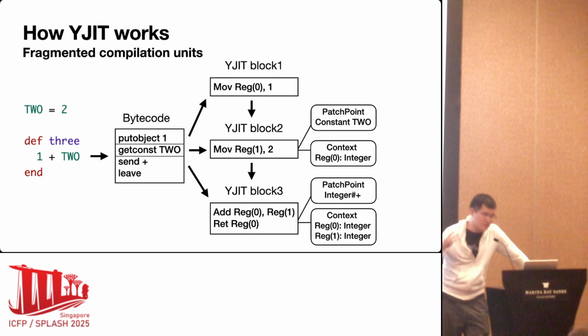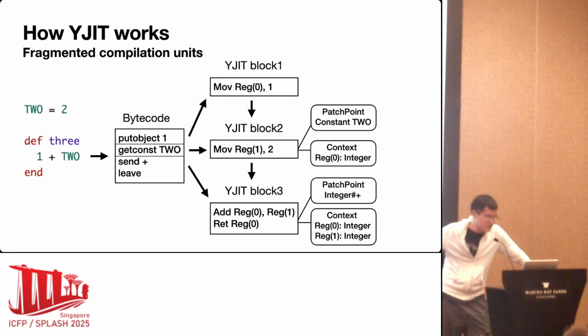Because of this architecture, those 3 blocks are compiled differently, and we weren't even able to constant fold 1 plus 2 into 3, because they are compiled separately. It's not a limitation of lazy basic block versioning itself, but more that we wanted to save memory, so we didn't add, for example, object values like 1 or 2 in the metadata.